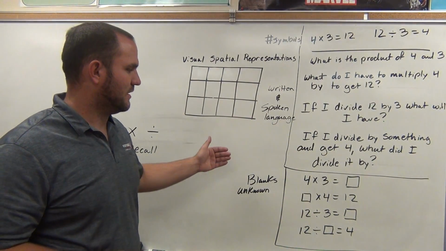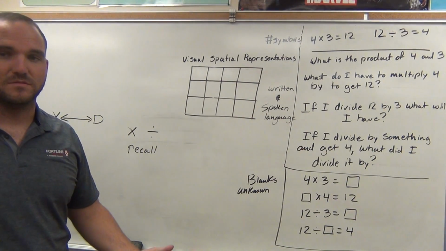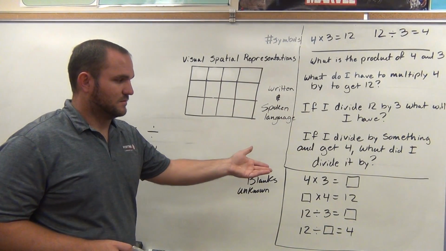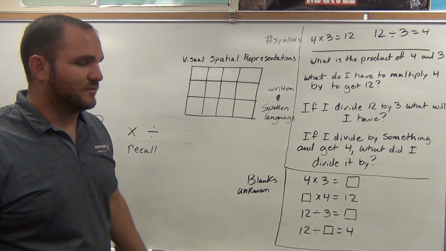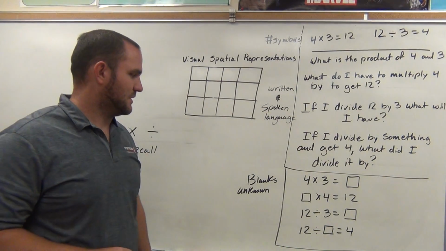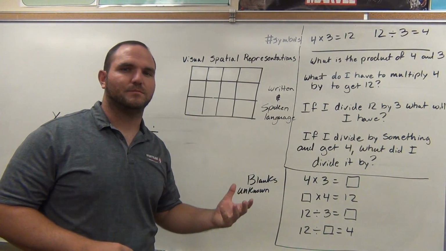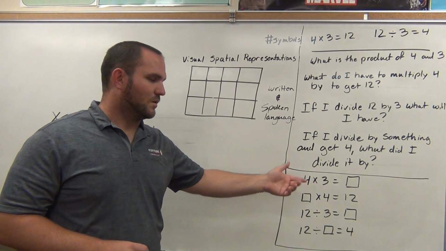Another way of teaching could be blanks and unknowns for the same material. 4 times 3 is what? And just have a representation of a box, a fill in the blanks, some form of blank that they would have to recall pieces instead of the entire thing. What times 4 would be 12?